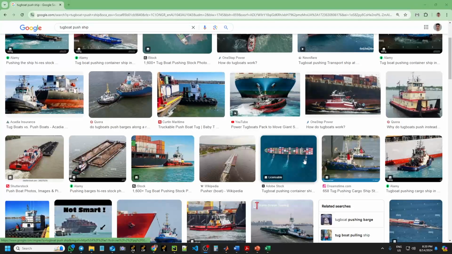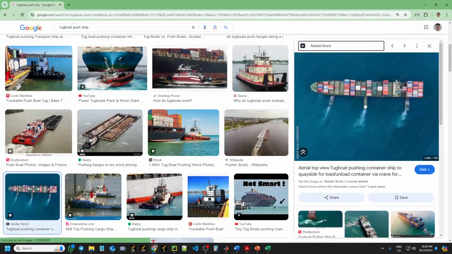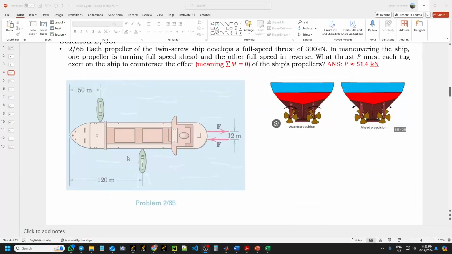For example, these three, we have 3 tugboats or tugs, and they are forcing in these directions. This one, for example, forcing in these directions, and this one in these directions. And here, this one is applying a force in these directions. I will show you in the next slide.